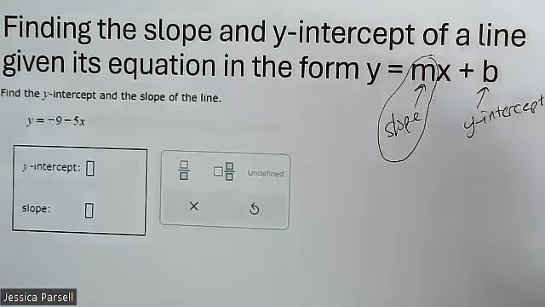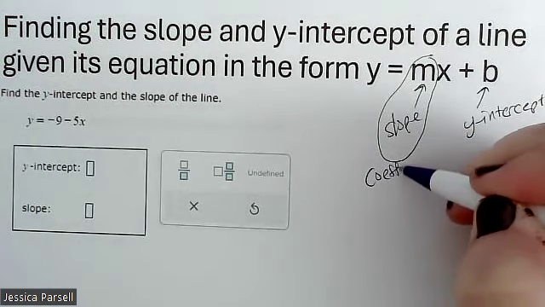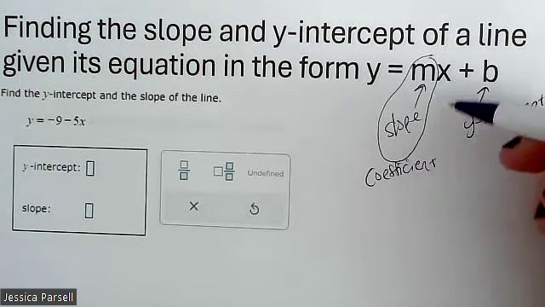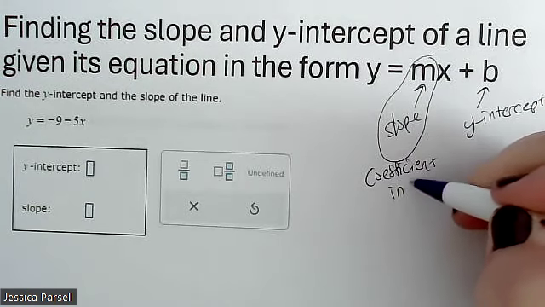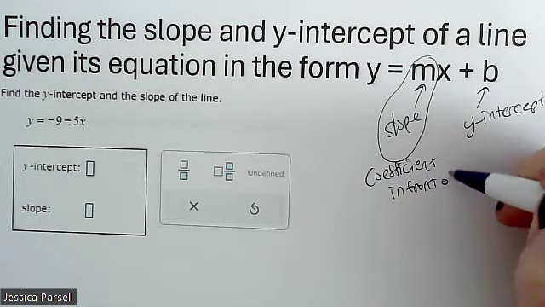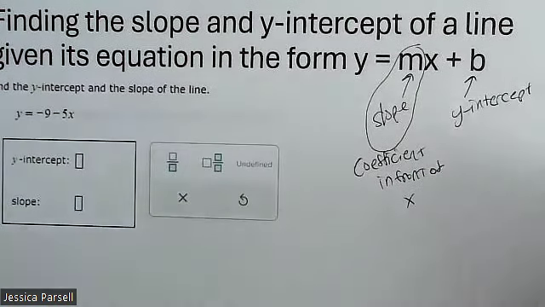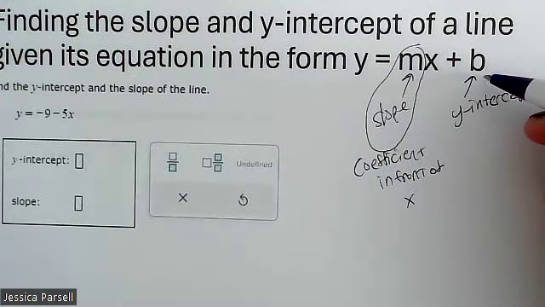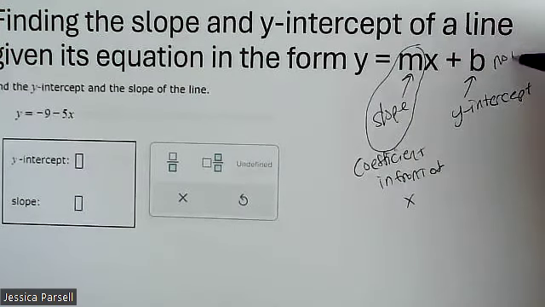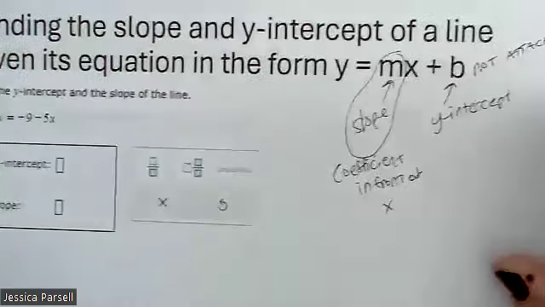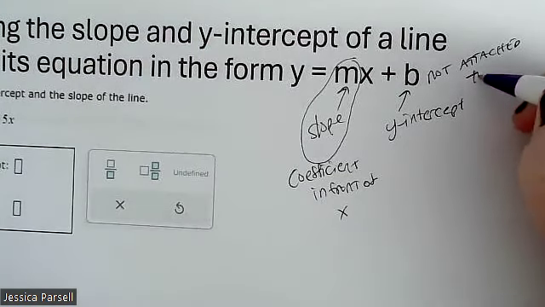It's called a coefficient. It's going to be whatever's in front of the x. Your y-intercept is always going to be just some sort of number not attached to the x.